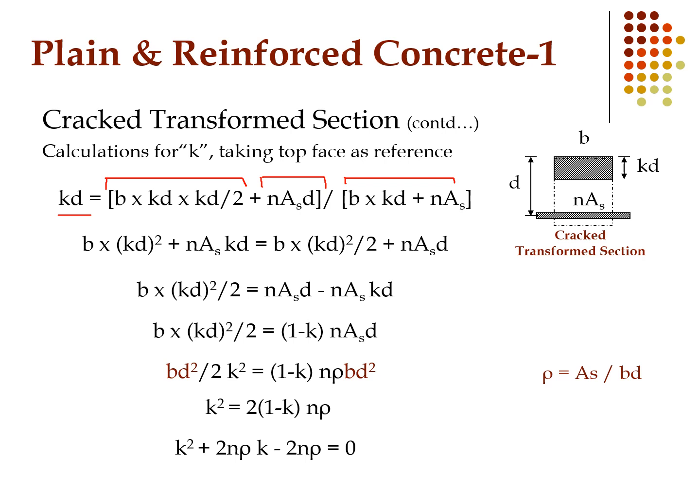If we rearrange these values, and we assume that rho is the reinforcement ratio, which is equal to the area of steel divided by the area of concrete, we will get at the end k squared plus 2 n rho k minus 2 n rho equals 0. This equation is a quadratic equation.